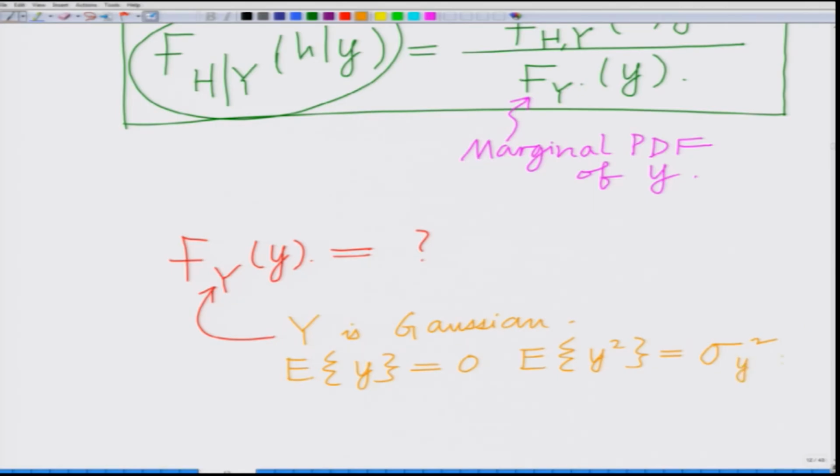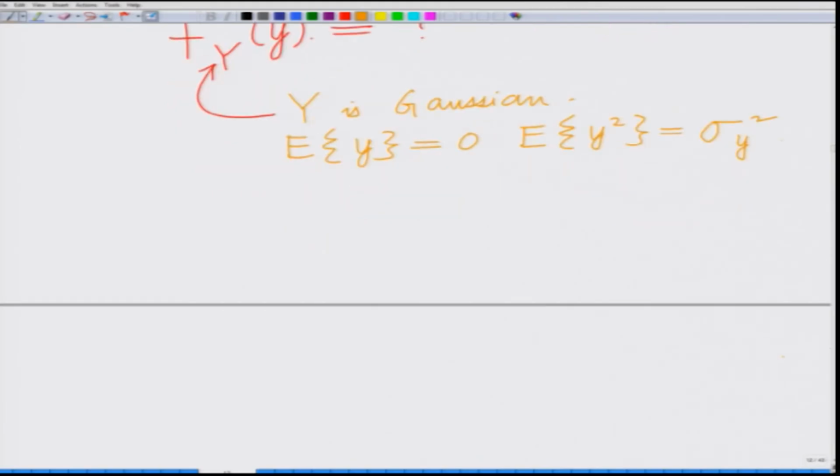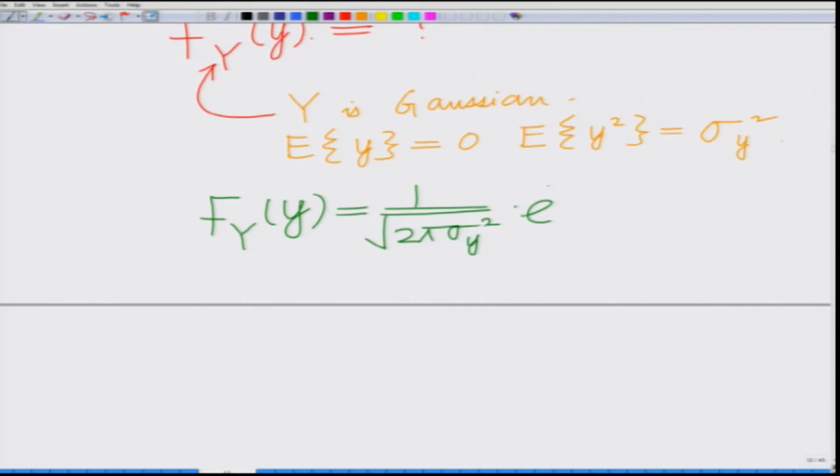So, y is a Gaussian random variable with mean 0, variance sigma y square, which implies f of y equals 1 over square root of 2 pi sigma y square times e raised to minus 1 over 2, y square divided by sigma y square.